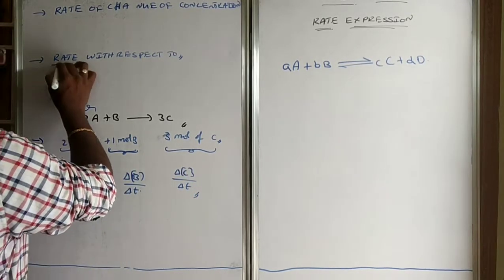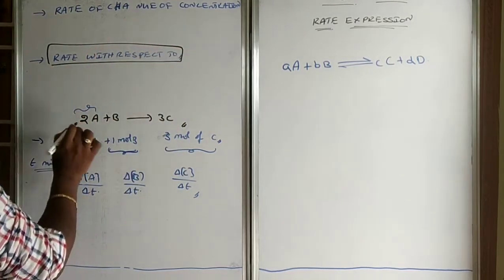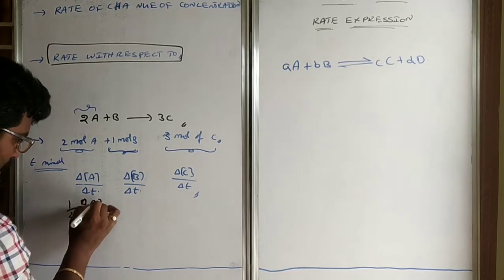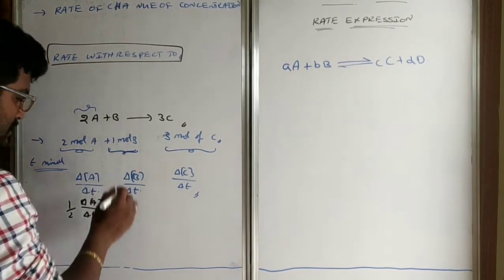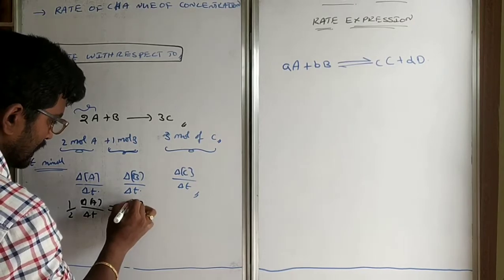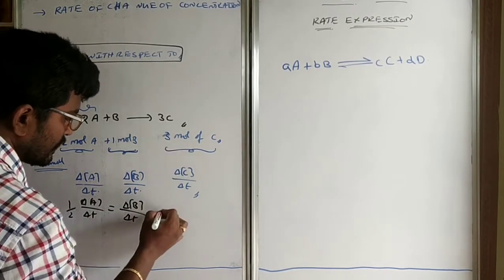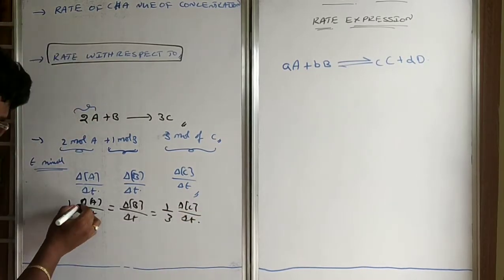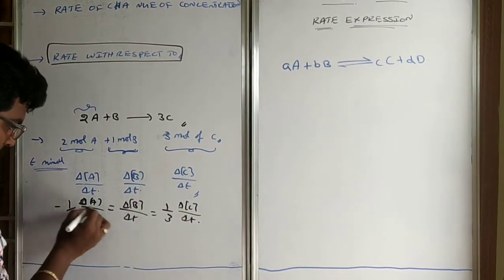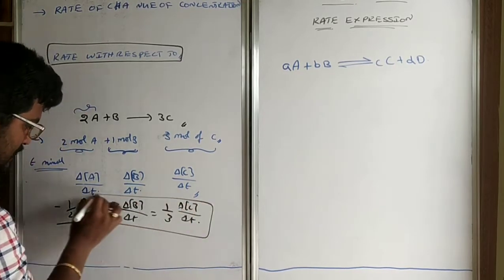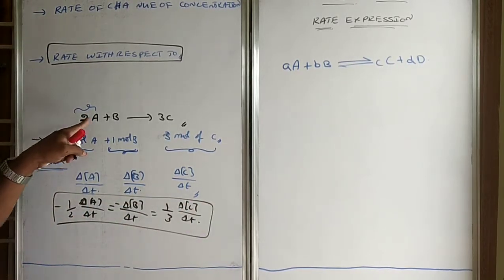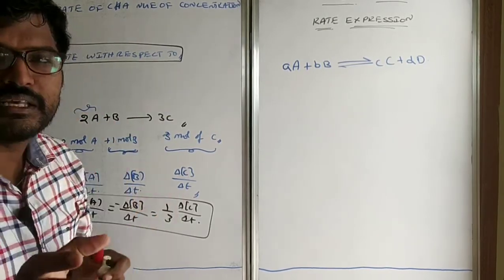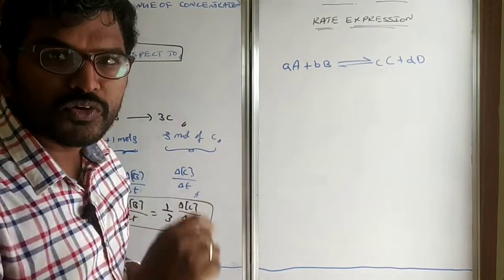But what is the rate with respect to? According to this, the rate with respect to A will be minus half into delta A by delta t, which equals minus delta B by delta t, which equals 1 by 3 delta C by delta t. Why do we write it this way? Here 2 moles of A react with 1 mole of B and produce 3 moles of C. But here we have to write everything in terms of 1 mole.